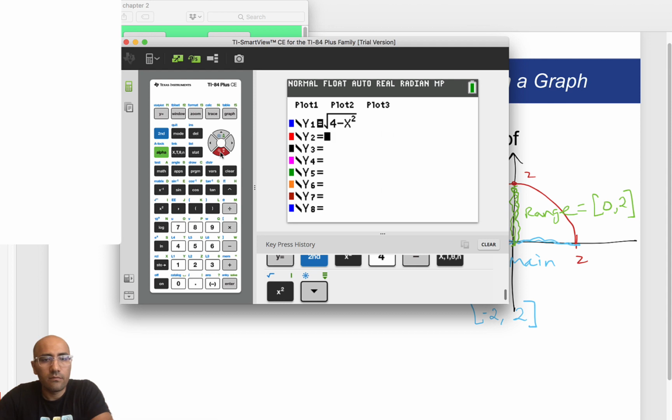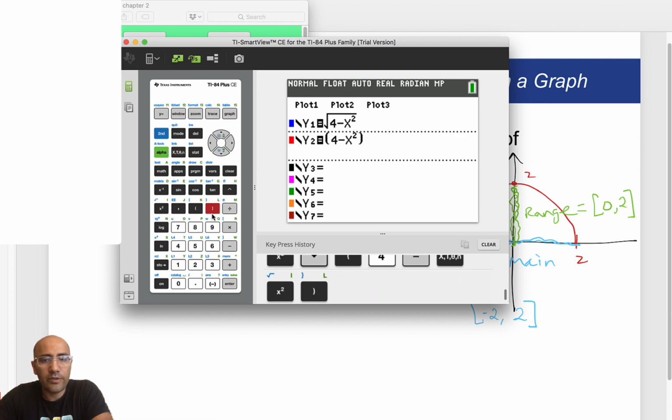Good. Hopefully that works. Now, an alternative way of doing it is to use those power symbols, the little caret symbols. So instead of doing the square root of, I can say that this is equal to, and let's put it in parentheses, open parentheses, and then 4 minus x squared, close parentheses, and then to the power of, that's what this little caret symbol does, to the power of.